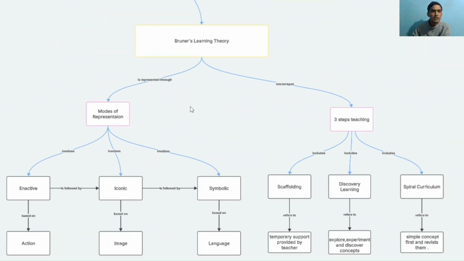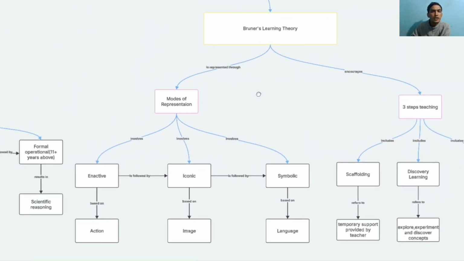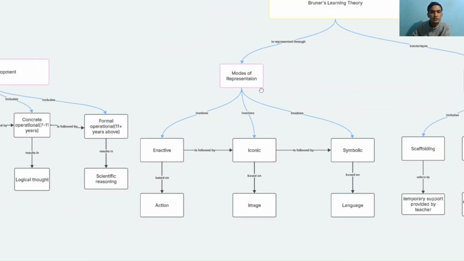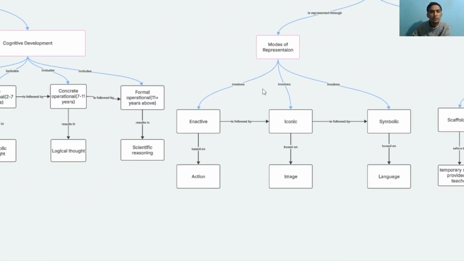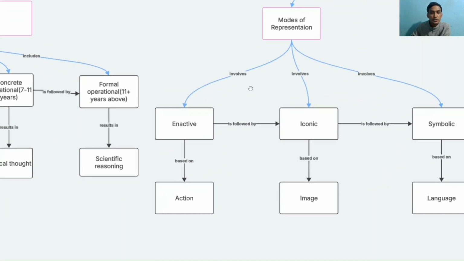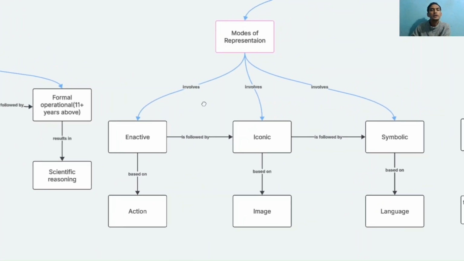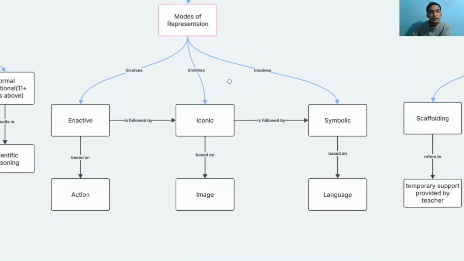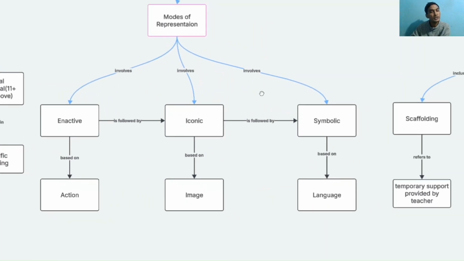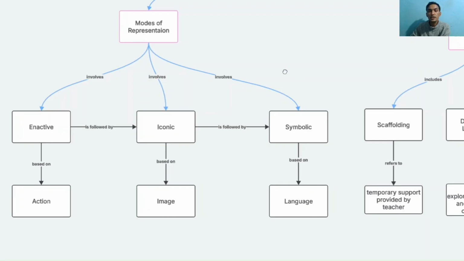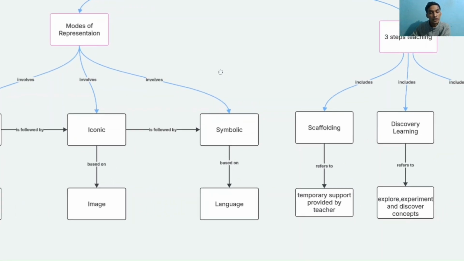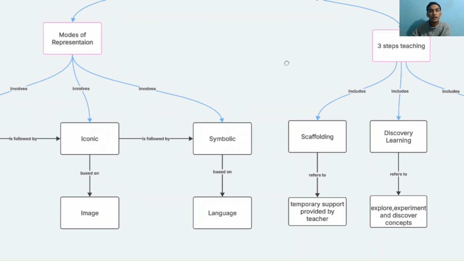And Bruner's learning theory is represented through modes of representation. It involves the enactive stage, which is based on action, followed by the iconic stage, which is based on images and pictures, and then the symbolic stage, which is also known as abstract, and that is based on language.